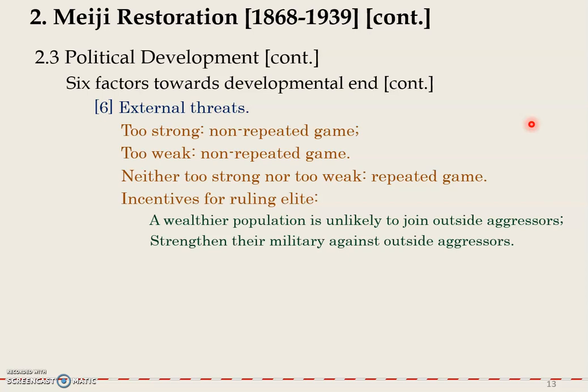Is that developmental or predatory? Again, at least one example for each factor. So totally you are supposed to come up with at least 6 examples. Of course, the more the better.